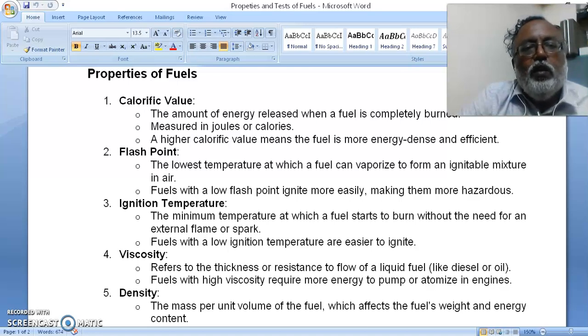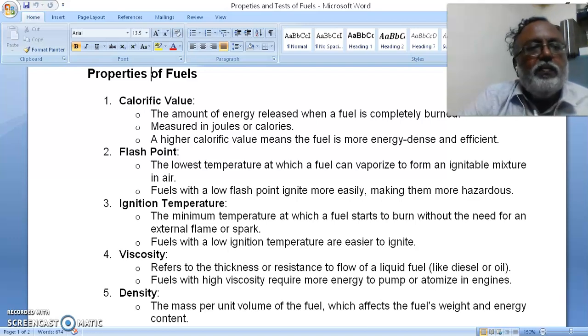A higher calorific value means the fuel is more energy dense and efficient.